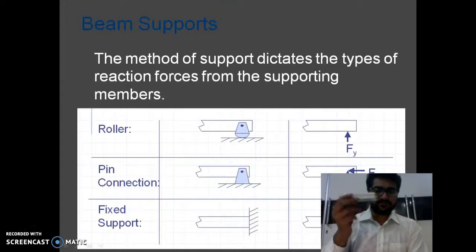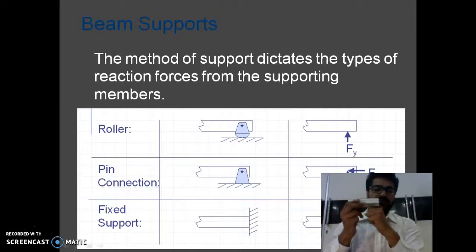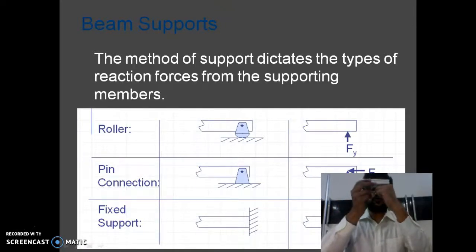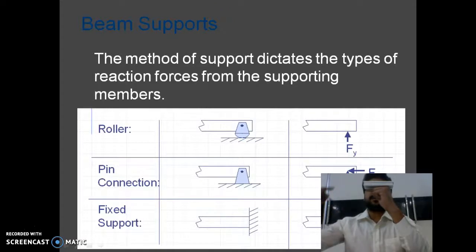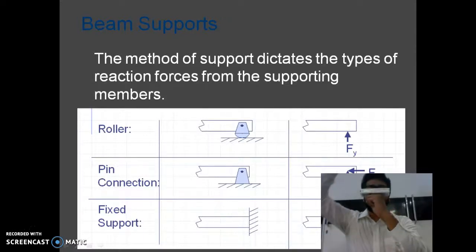For example, this is your beam and it is simply supported over a roller. Simply consider my hand as a roller support. As you can see, if I apply some horizontal load, it moves, and if I apply some rotation, it rotates. But if I apply any vertical load, it does not change its position.